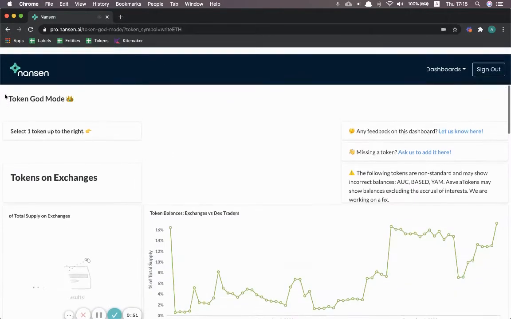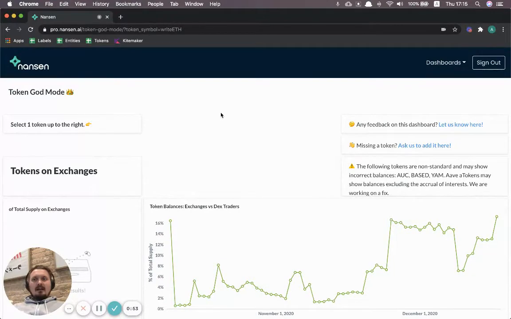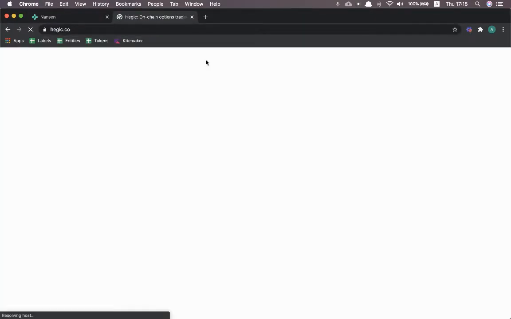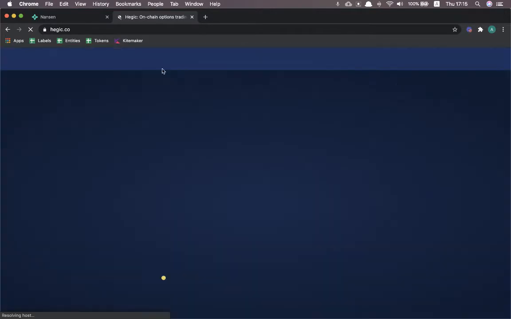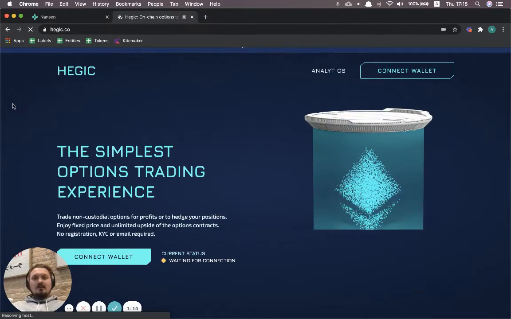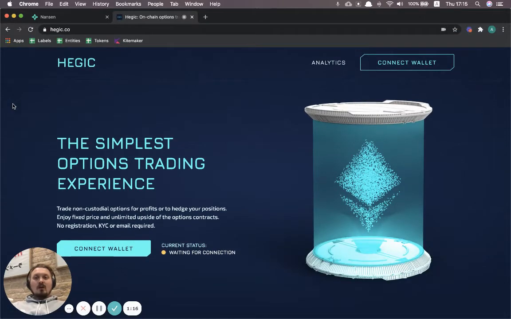All right. So the first thing that I like to do, because it gives you this kind of macro perspective, is to look at token God mode. And so without going into too much detail about Hegic itself, if you're watching this video, I will assume that you know a bit about Hegic. It's an options trading platform on the blockchain.